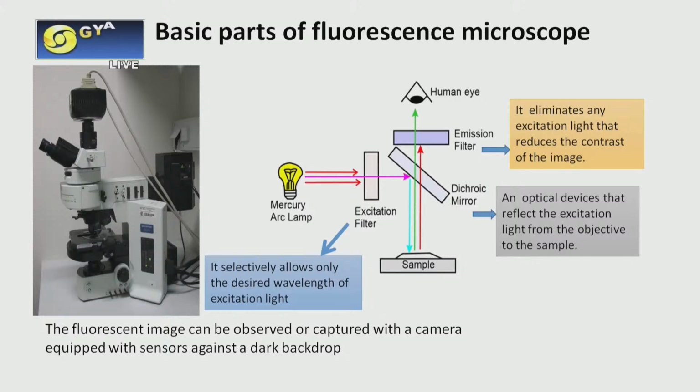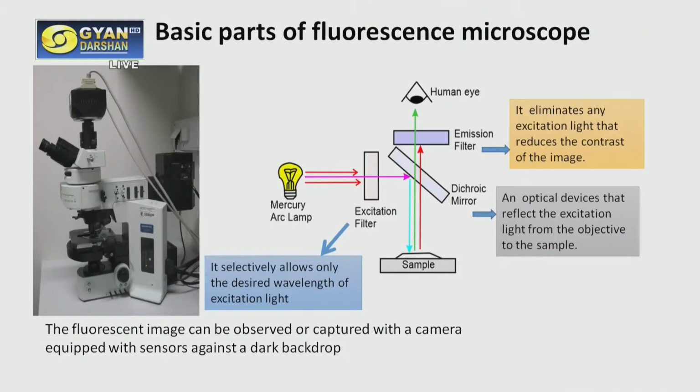How the fluorescence microscope works is that when light is produced by the light source like the mercury lamp, only the excitation filter passes the light that is needed. When this excited light falls on the biological sample, which is already stained with a fluorescently labeled stain, the stained specimen absorbs the specific wavelength of light and produces a higher wavelength of light.